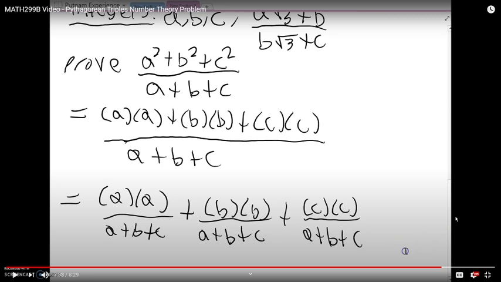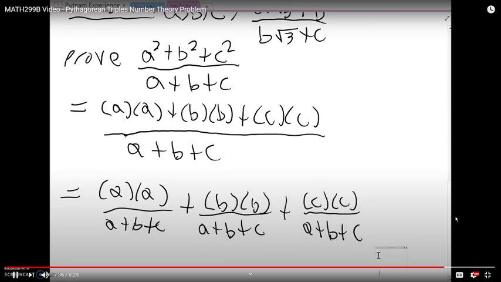And also, when you rewrite this as a sum of three terms, I also expect some sort of magic trick, because after all, you're trying to prove that this fraction is an integer, and you're splitting it into three parts, and these three parts are not necessarily integers. The first one especially, a squared over a plus b plus c. If you try some examples, you'll see it doesn't have to be an integer.